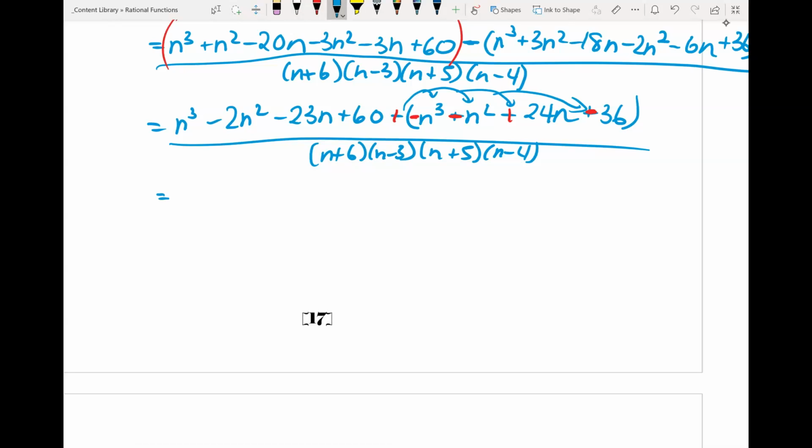Then we have negative 2n squared minus n squared, which is negative 3n squared. Negative 23n plus 24n is just positive n. Positive 60 minus 36 is 24. All over our LCD.